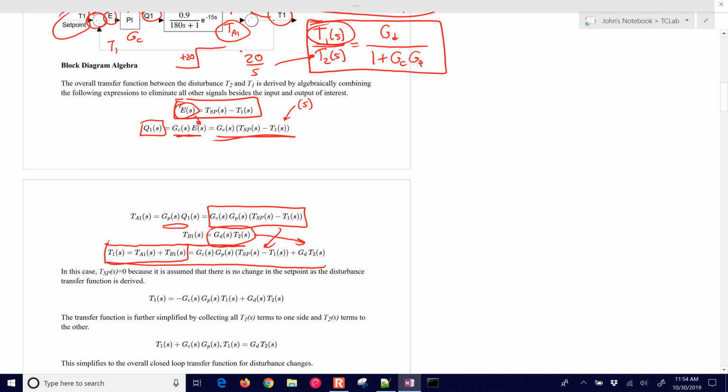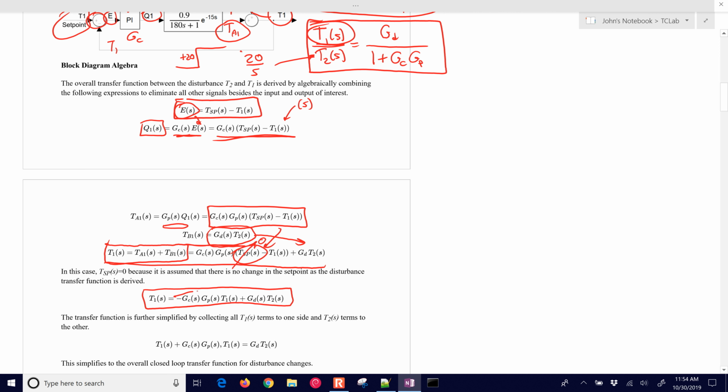And if I say that the set point is not going to change, then this term goes to 0, and I'm left with this expression that's just a function of the two signals that I'm interested in, T1 and T2, and my transfer functions.